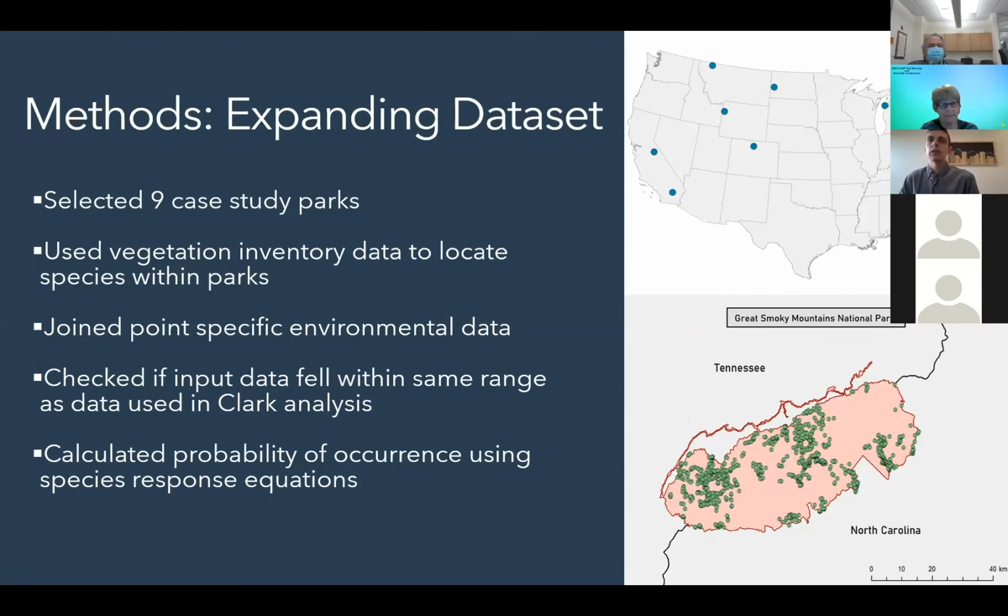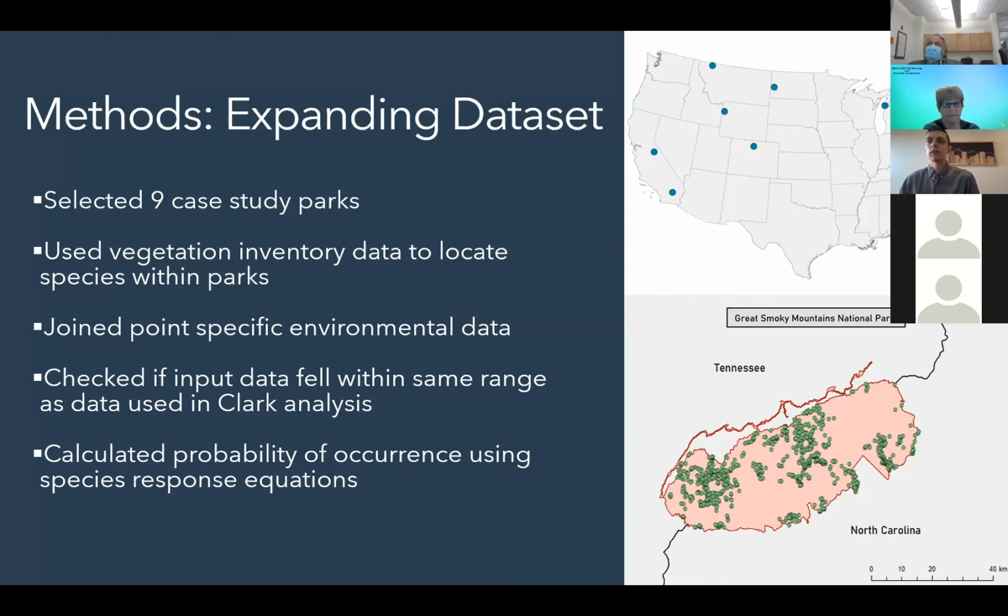And then moving on to our deeper dive into the data and the models. So first, we selected 9 case study parks, which you can see on the map on the upper right. And then within those parks, we used vegetation inventory data to locate species within those parks. So that map on the lower right shows some of the plot data that we have for Great Smoky Mountains, but we had that data for each of our case study parks. And each of those plots has at least one of the 348 species from the Clark et al. analysis.